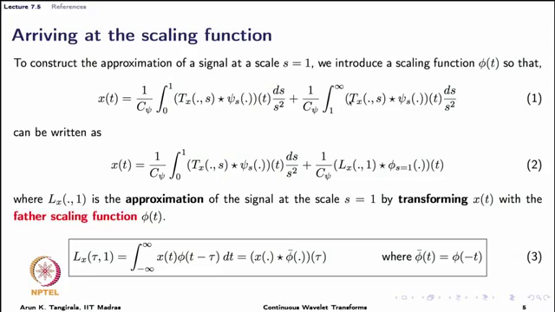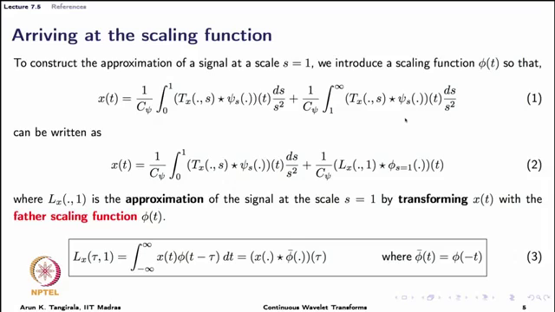Both L and T are functions of the translation parameter and scale, but because we have replaced this entire set of scales greater than 1, that is the coarser scales, with a single function existing at scale 1, L here is being evaluated at scale 1.